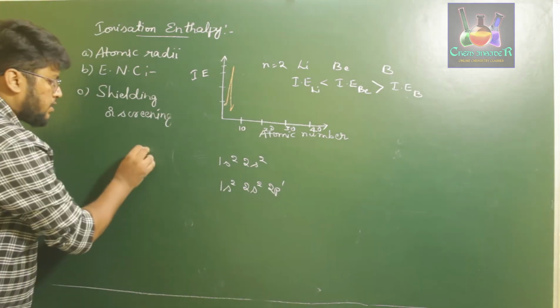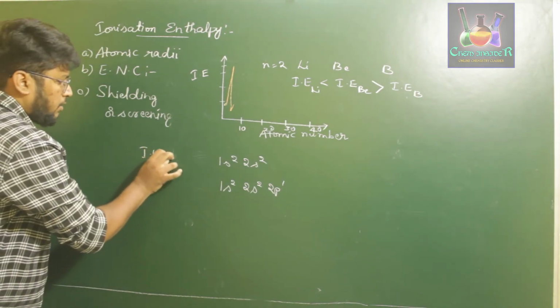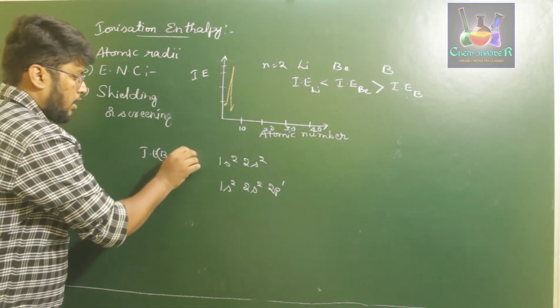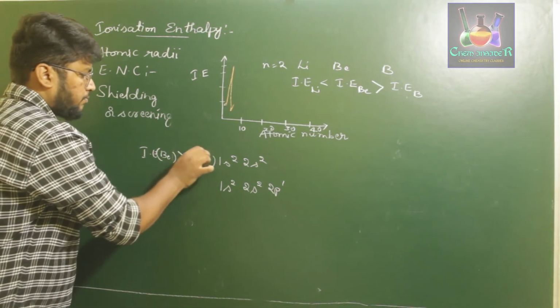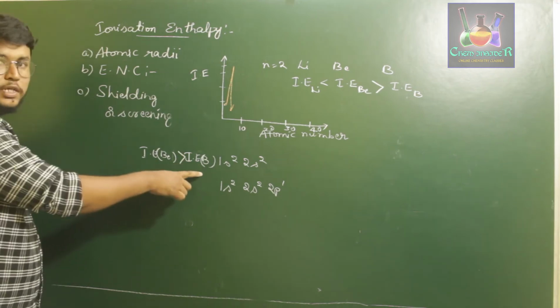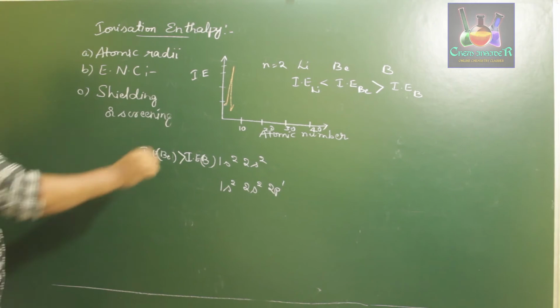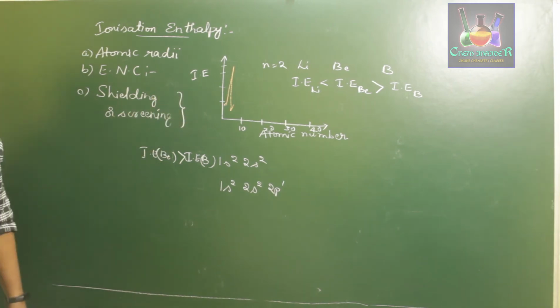Therefore what we observe is ionization enthalpy of beryllium is greater than ionization enthalpy of boron, even though the atomic number of boron is greater than that of beryllium. This particular point is because of this shielding and screening effect.